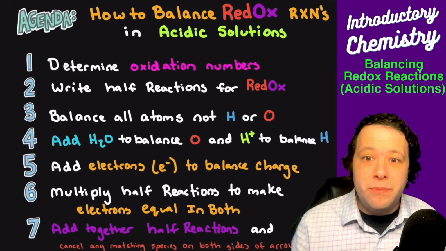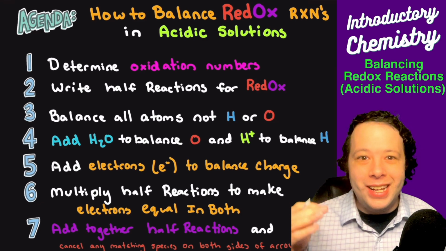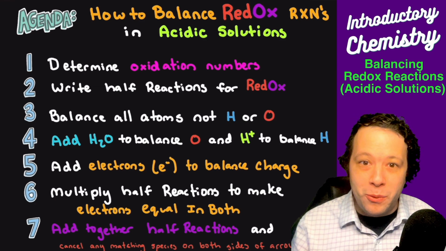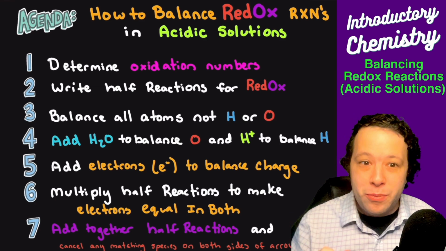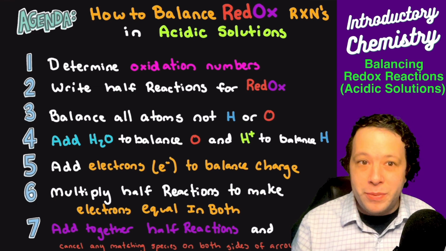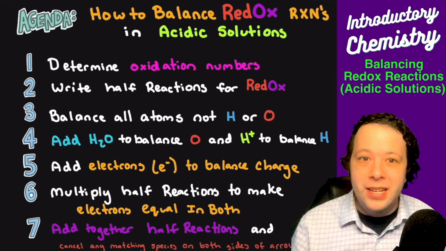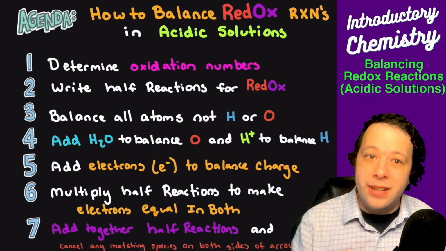Okay, so these are all the specific steps to doing this problem. As you can see, it is a long list that can look very overwhelming, but I put it here so that we have the entire process. The first thing we're going to do is determine the oxidation numbers. Then we'll write the half reactions. Then we will balance all atoms that are not hydrogen and oxygen.